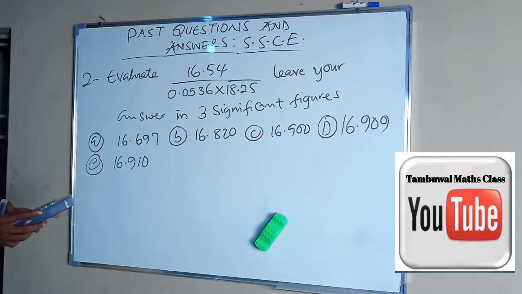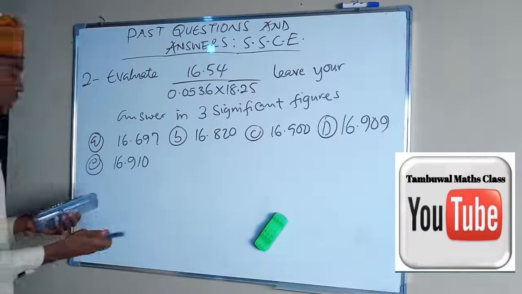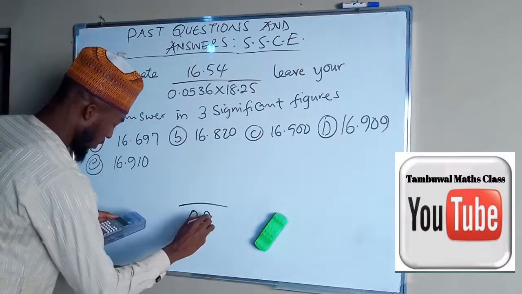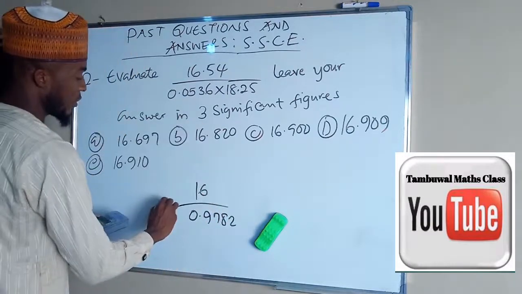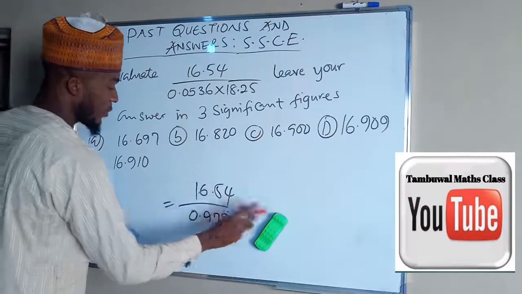So we can say 0.0536 multiplied by 18.25, and this is what I got, 0.9782, and this is 16.54.